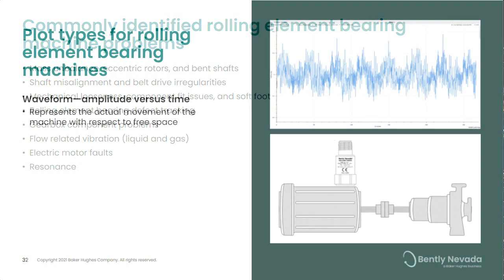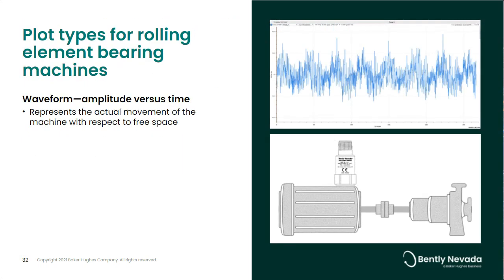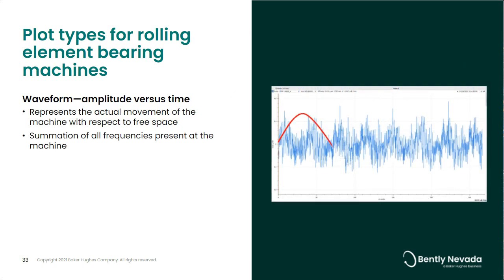The first plot type that we will cover for rolling element bearings is the waveform plot, which is amplitude versus time. This plot type is representative of the movement of a machine with respect to free space. It is a summation of all frequencies present at the machine as indicated in the image to the right.